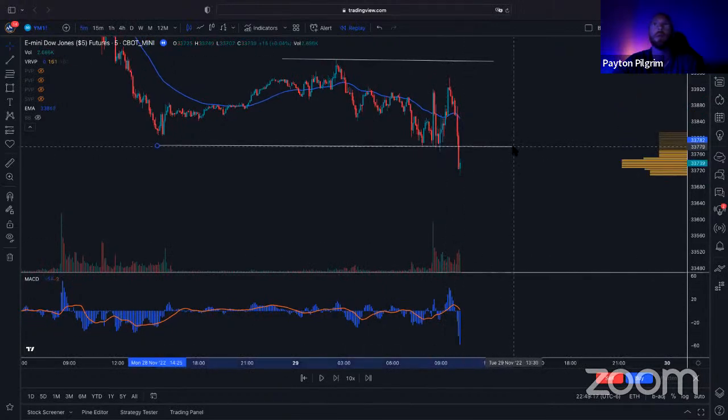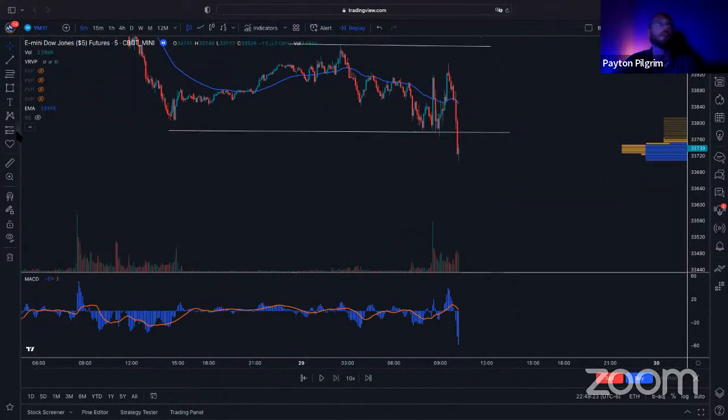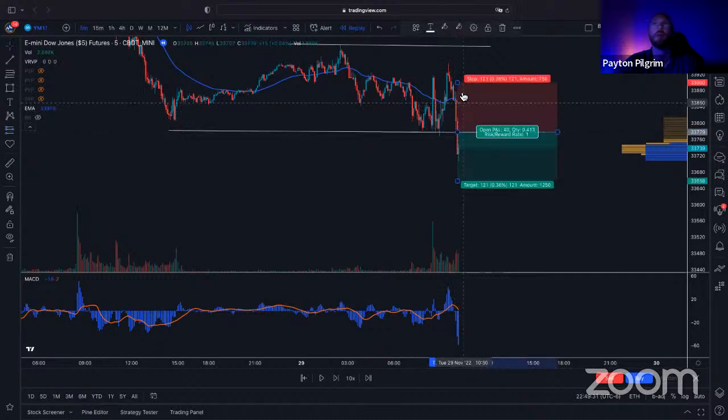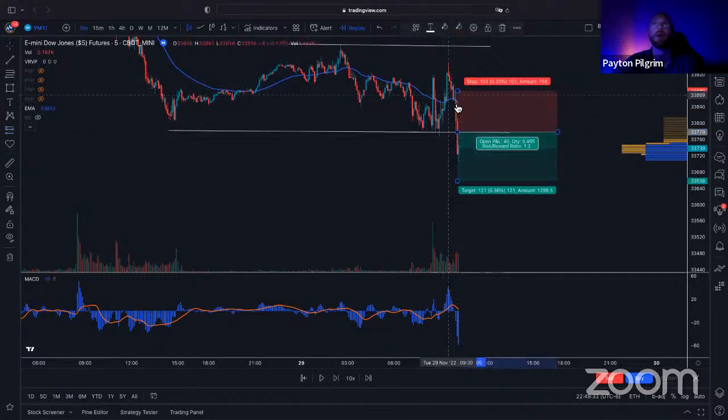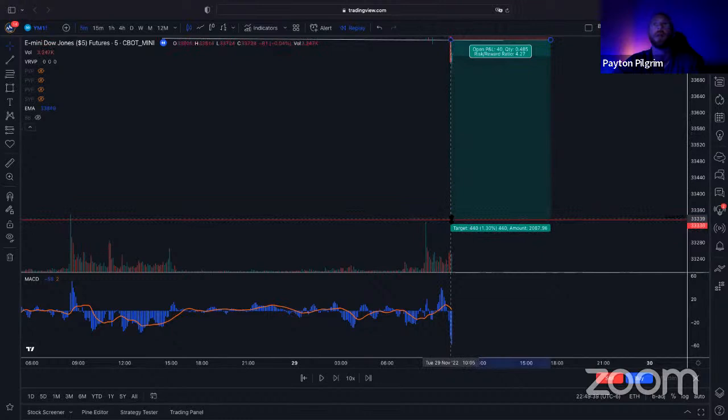So we get the break. It's a little late in the day for our strategy, but still the play happened. And here's the candle that's almost breaking the structure, the buy stop right here, the stop loss above this candle, and then targeting the lows, or you could do the break of the candle.